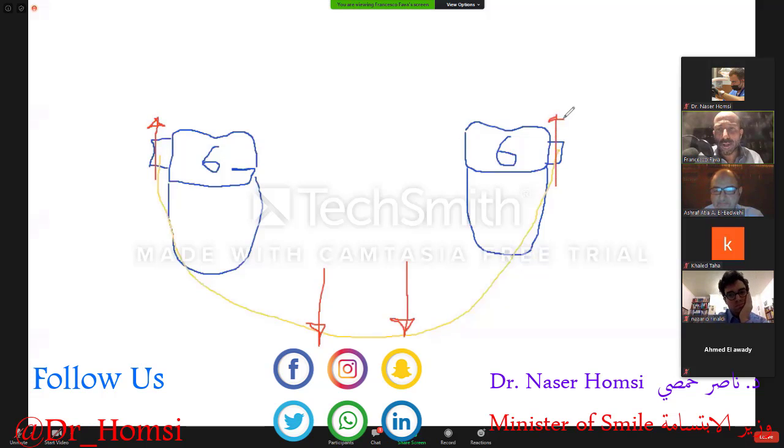So the molars will be loaded with an extrusive force acting buccal to the center of resistance, and it will lead the molar to extrude but also to lingualize, because the force is applied buccal to the center of resistance. For this reason, the indication to use a lower lingual arch, which I draw this way, can be considered. I hope I answered the question.